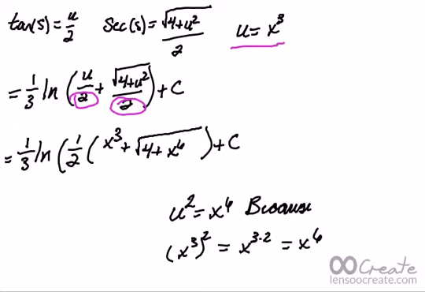And that works out because we have 4 plus x to the 6th, and we can do that because u squared is actually equal to x cubed, squared, which is equal to x cubed times 2, I guess, in the exponent, which equals x to the 6th, which I explained a little bit earlier.